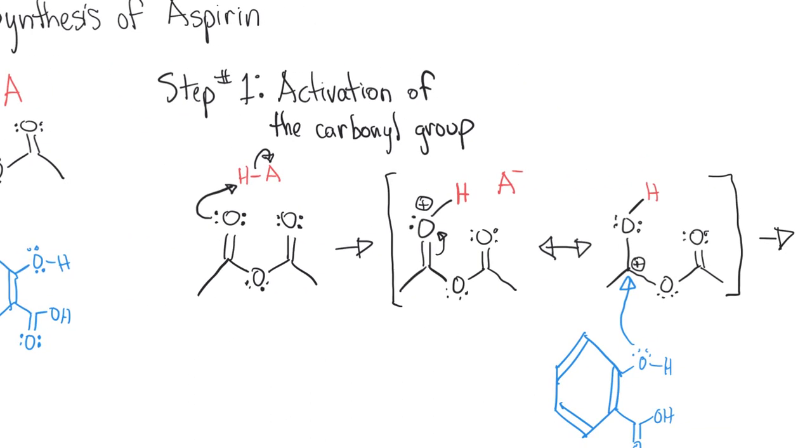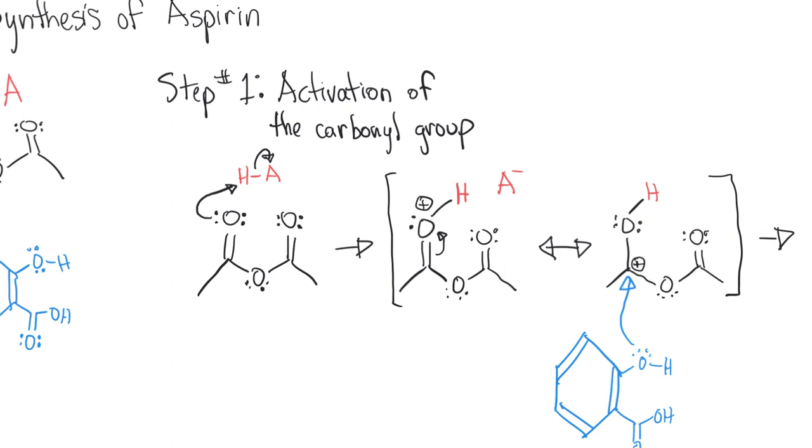Okay, so the first thing that happens is activation of the carbonyl group. That's when one of these two oxygens that's double bonded to the carbon, and in this case it doesn't matter which one because we have just a carbon on both sides and so it's symmetrical, grabs onto the hydrogen, and then we're left over with this conjugate base over here.